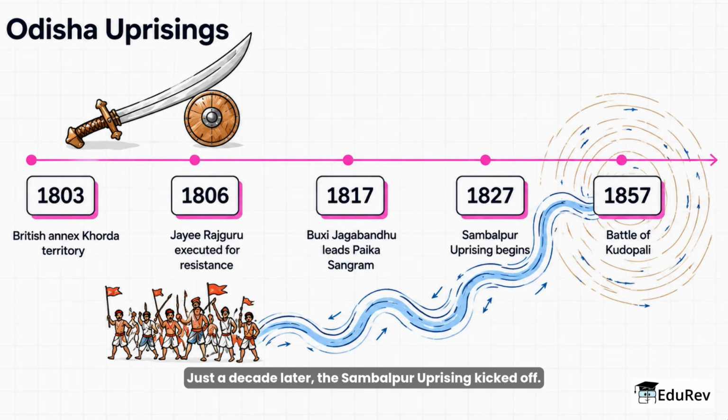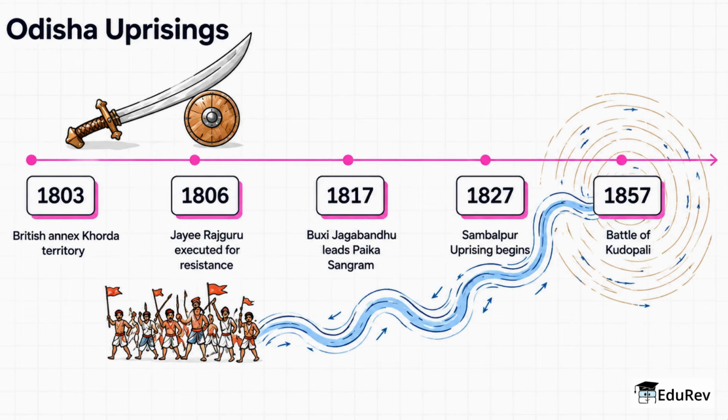Just a decade later, the Sambalpur uprising kicked off, eventually turning into one of the longest regional resistances in Indian history, stretching for decades and peaking right alongside the Great Rebellion of 1857.